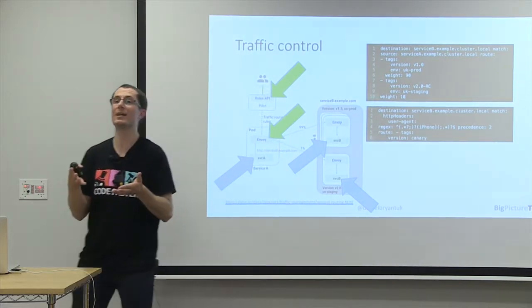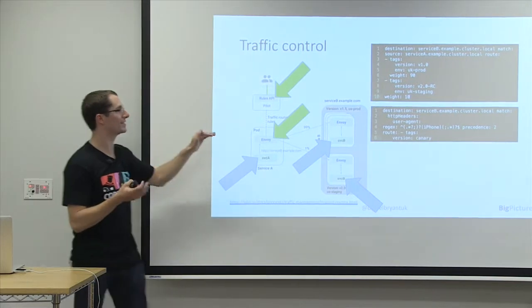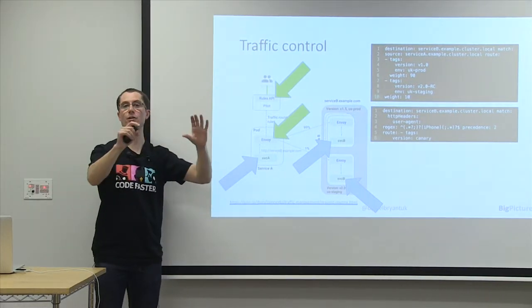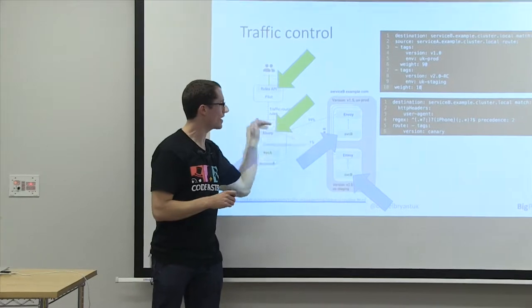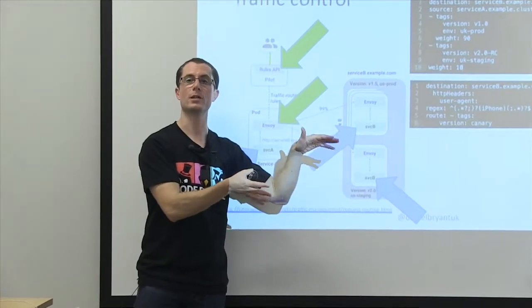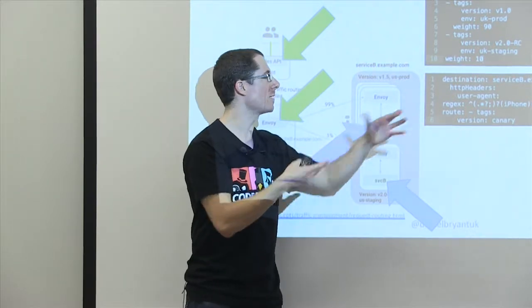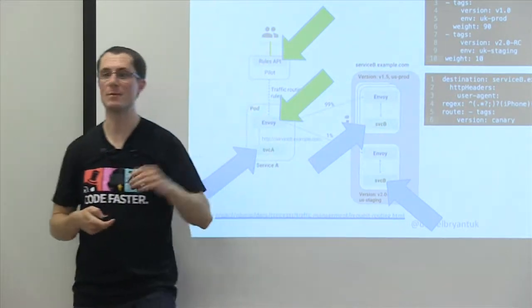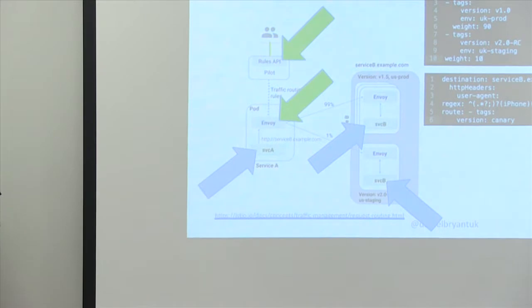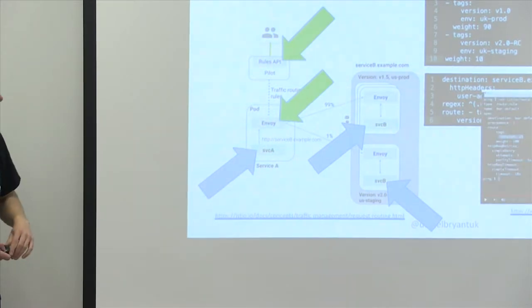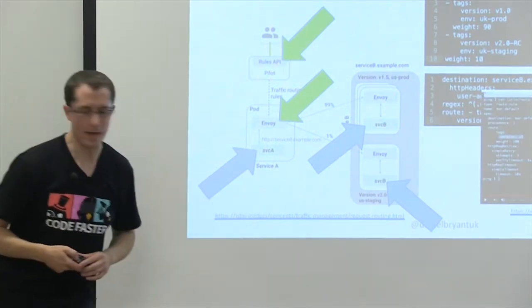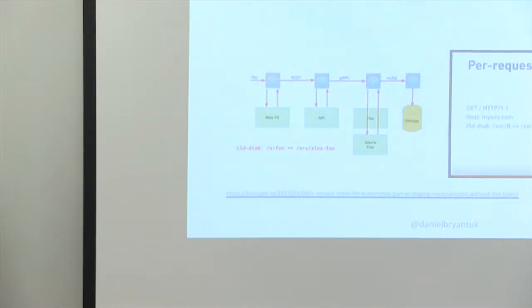Maybe it's just me doing a test, so I make a request that says test header Daniel, and I only send 1% of my traffic here if it's got that header. Because you've got that layer 7 awareness, you can do a bunch of smart things by using HTTP headers or gRPC headers. That's the link to Kelsey's tutorial there, so you can grab a slide deck and have a look.